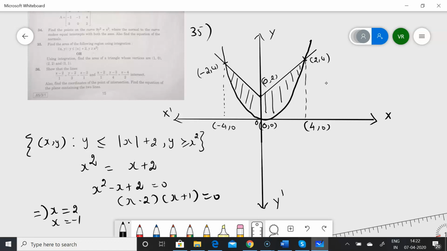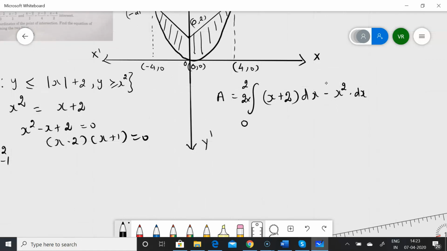So the required area can be taken as the integration of 0 to 2 of x plus 2 dx minus x squared dx, times 2, since it is symmetric, you can find it on one quadrant and then multiply it by 2.